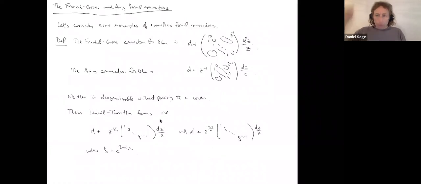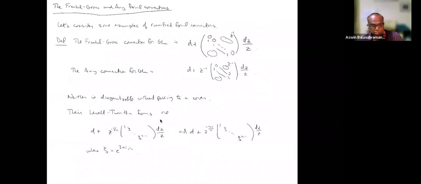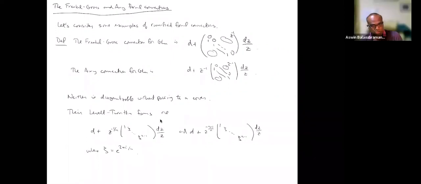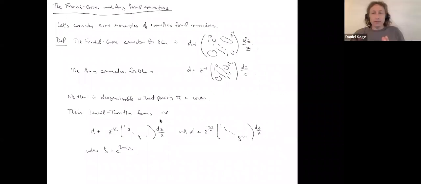Okay, so now we're into my yeah, go on. Question. So just to make sure I understand the ramified versus unramified terminology. Is it true that for regular singular connections, you can always write it as equivalent to something, that regular singular connections are always unramified?